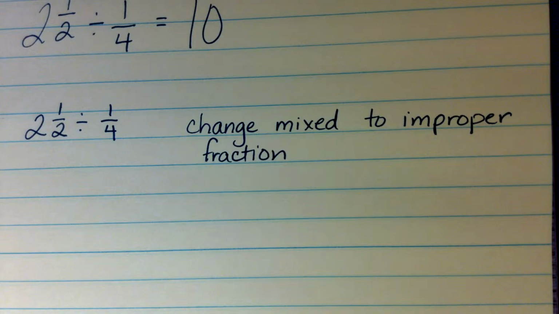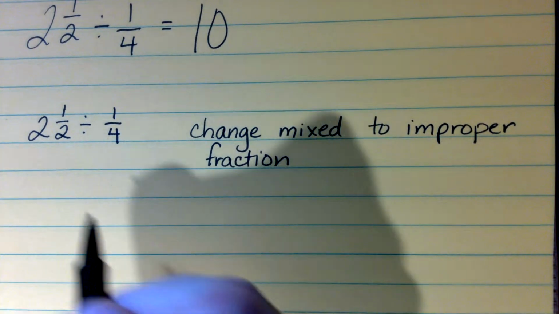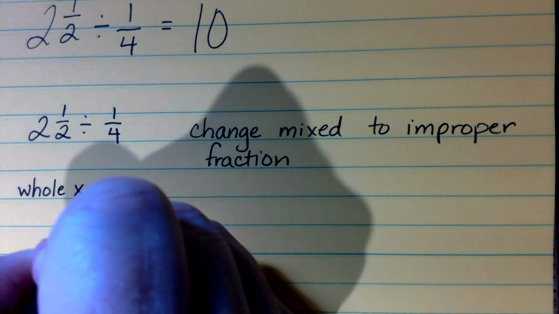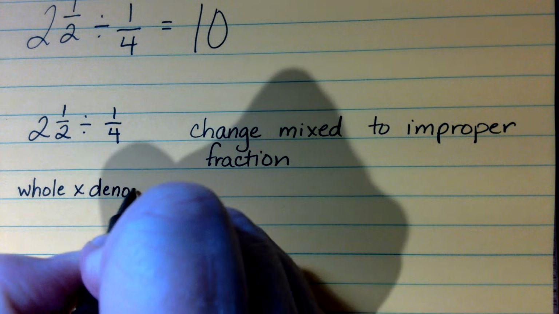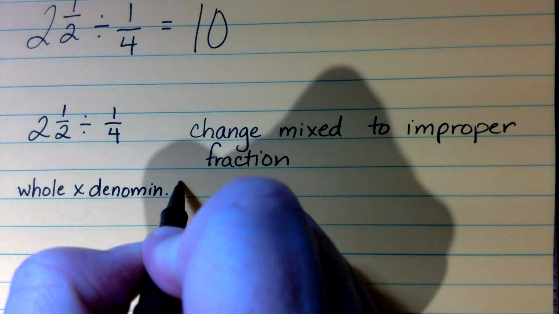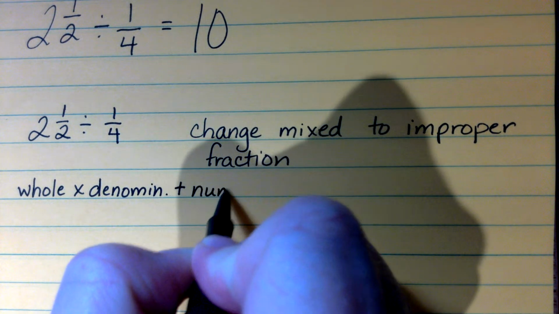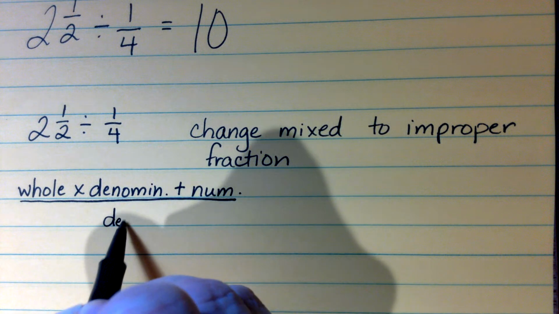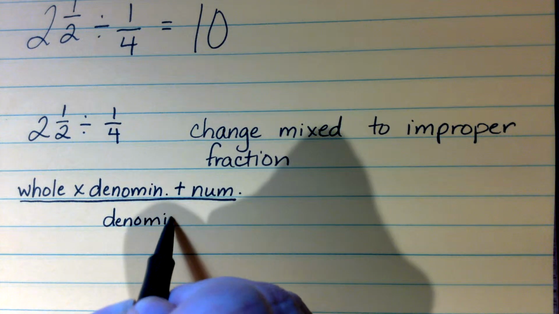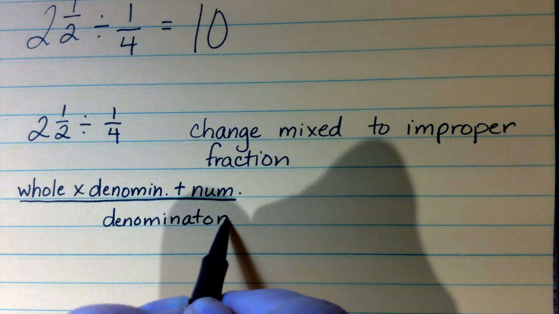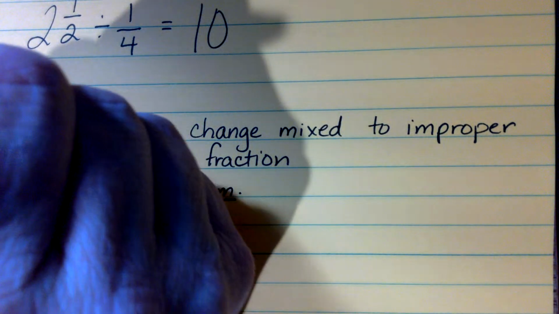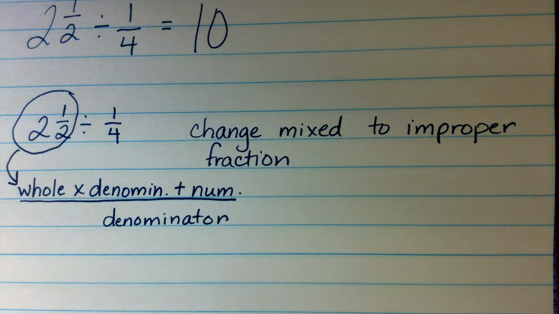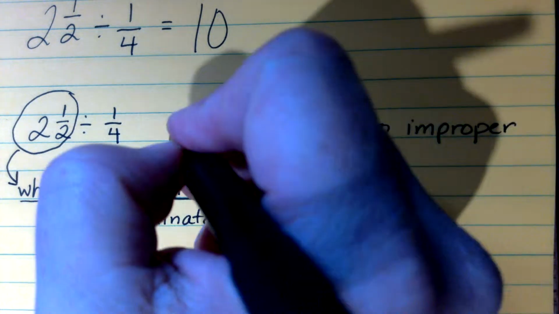All right, so remember that we do that by multiplying our whole number times our denominator plus our numerator, all over our denominator. And again, the only part of this number sentence I'm dealing with right now is changing this mixed number to an improper fraction.